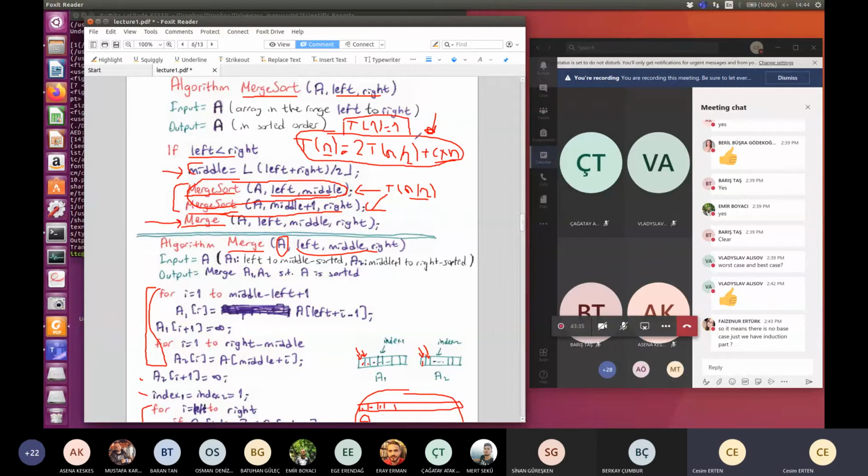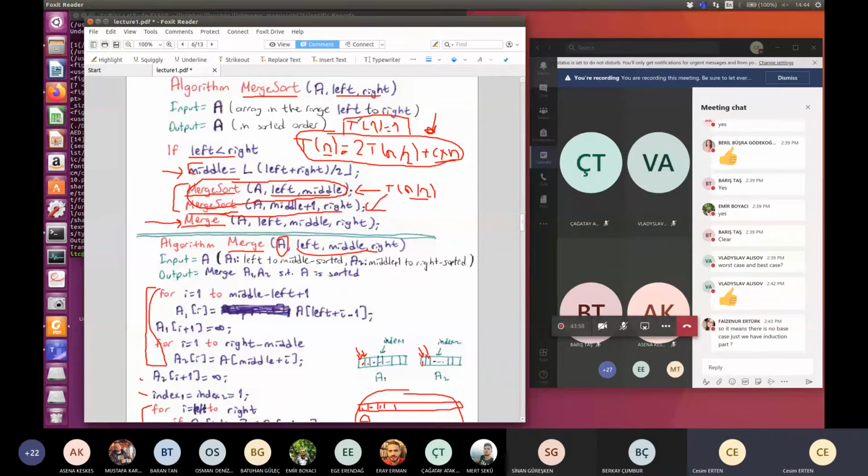You are right, Faizenur. We always need to remember to write down the base case as well in a recurrence relation. So T of 1 is equal to 1 and T of n is equal to 2 times T of n divided by 2 plus Cn, where this inductive part applies to cases where n is greater than 1. But this is still not the answer we are looking for.